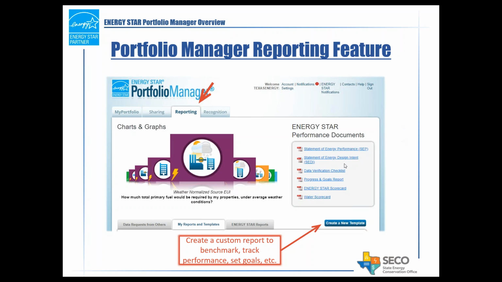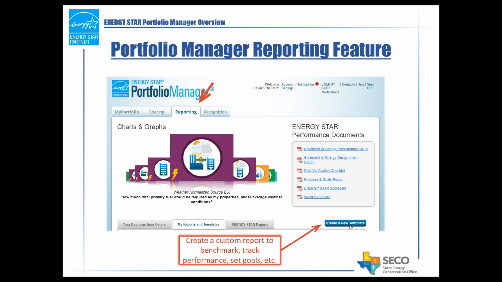So that one may be a common one that people work with. And the SEP is just the energy usage that has to be certified by a licensed professional for a certain building. And then there's a number of different reports that you can use here. And really just click on that, and then it'll provide you with all the information about your facilities.